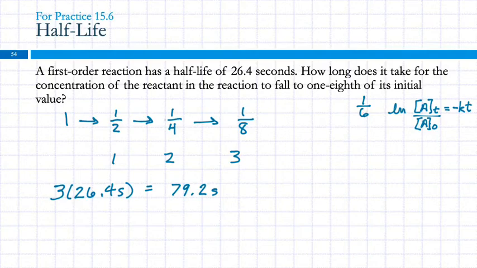Well, actually, let's think about this. We know what t1/2 is: 26.4 seconds. So we can calculate the rate constant. The rate constant is equal to 0.693 divided by the half-life.